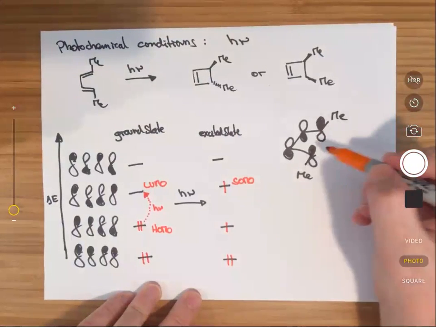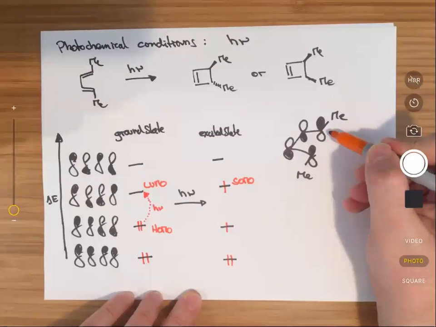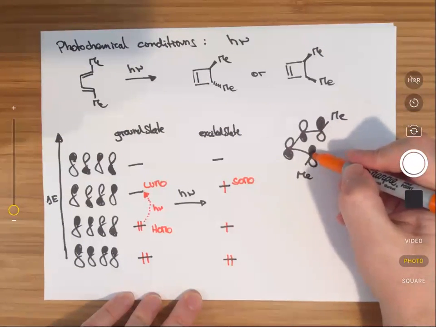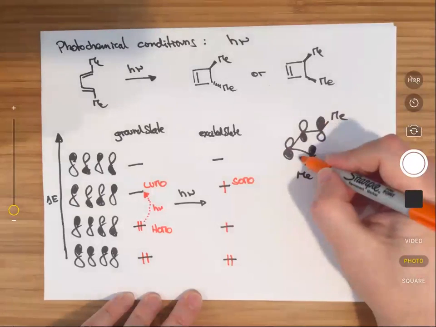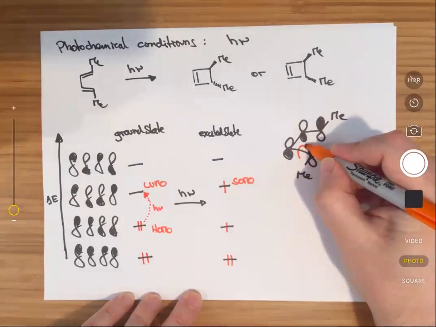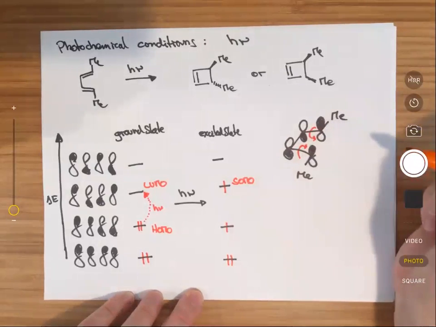You quickly realize that even though previously we did a conrotatory motion, this time we actually have to rotate them in opposite directions to make a positive overlap between this dark shaded lobe and this dark shaded lobe. So this one, for example, we have to rotate clockwise, and this one we have to rotate anti-clockwise.